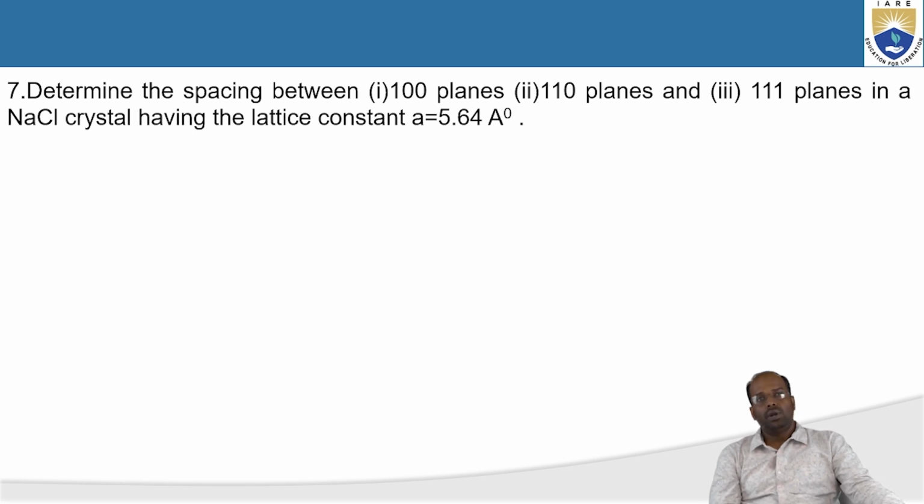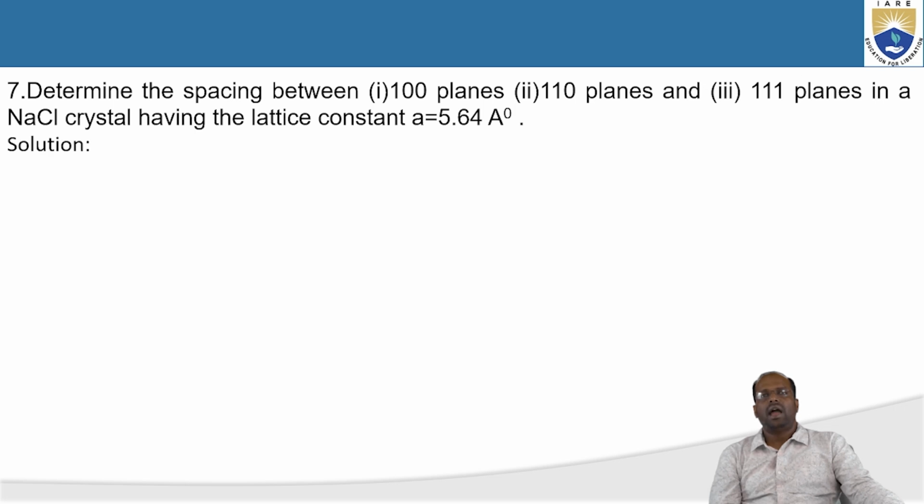Earlier we calculated the interplanar spacing formula: d is equal to a by square root of h square plus k square plus l square. For the corresponding planes we get a by root 2, a by root 3. Here they have also given the lattice constant value, a is equal to 5.64 angstrom.